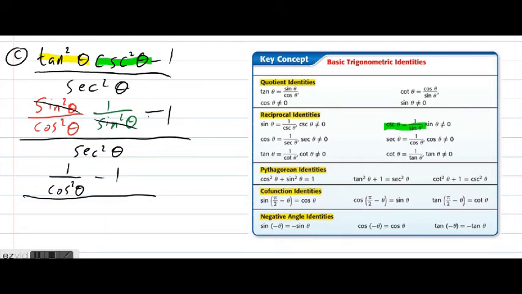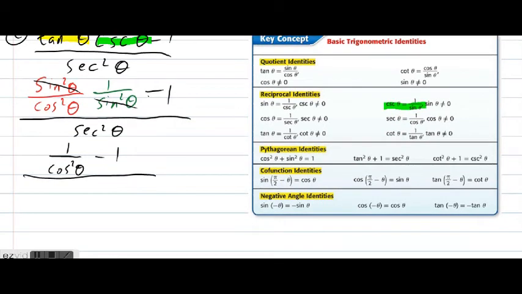Now, at secant squared, again, I had no idea what to do with it, but I'm trying to cancel something, to get something going here. So secant squared of theta. I just thought about it. Secant is just 1 over cosine, and I already have a cosine in my numerator.